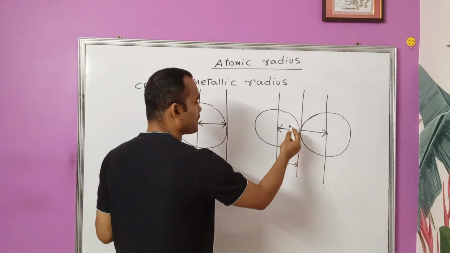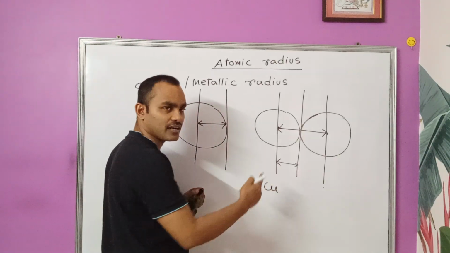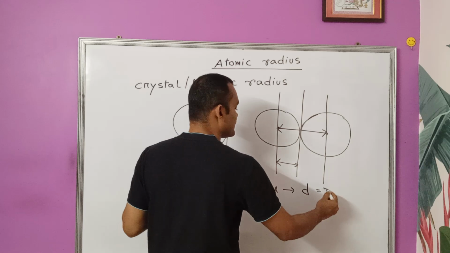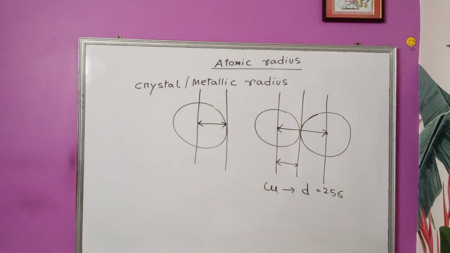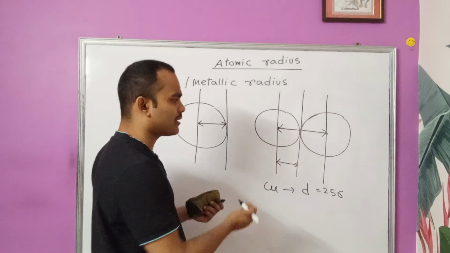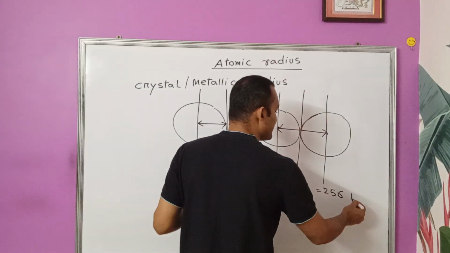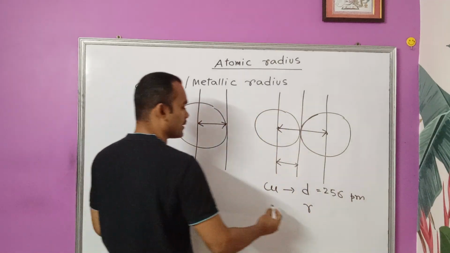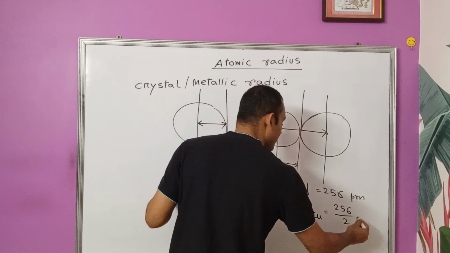Suppose in the case of copper, if the diameter is 256 in picometer unit, since we can measure the radius in different units such as picometer or angstrom, here I am writing picometer, then the radius of the copper crystal will be 256 by 2 picometer.